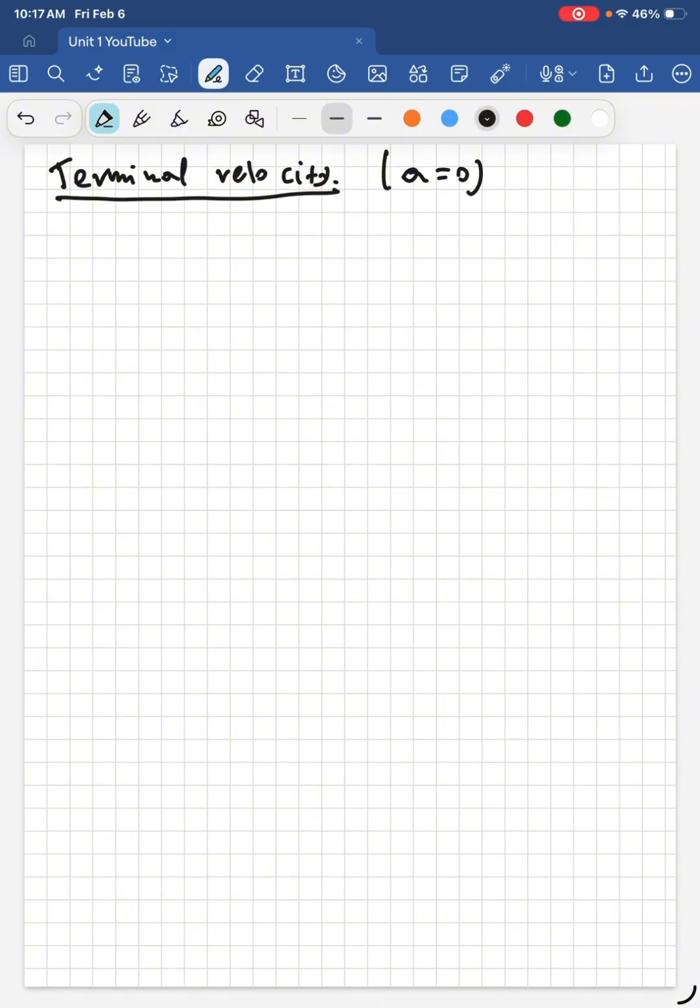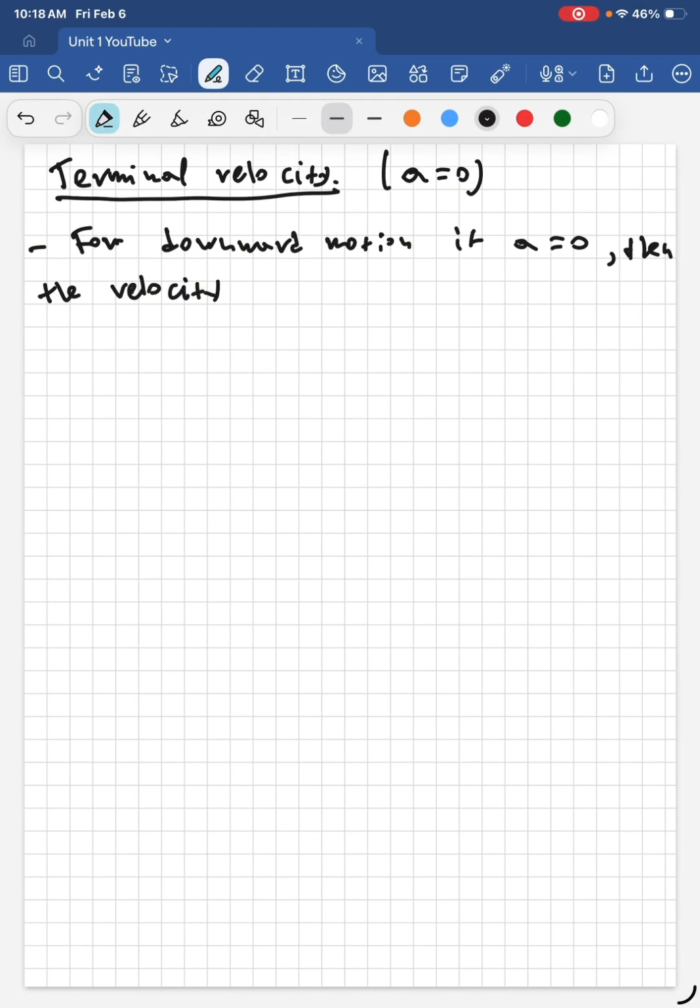So for downward motion, if the acceleration becomes 0, then the velocity does not increase anymore. This is why it's called terminal velocity, because that's the highest you can reach.